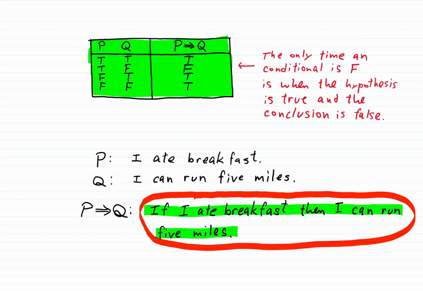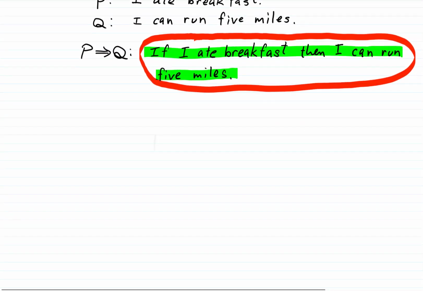Now, I want to look at a little bit more about conditionals here. So we've been talking about this, P implies Q. What about if you switch those and you write Q implies P? That has a name.